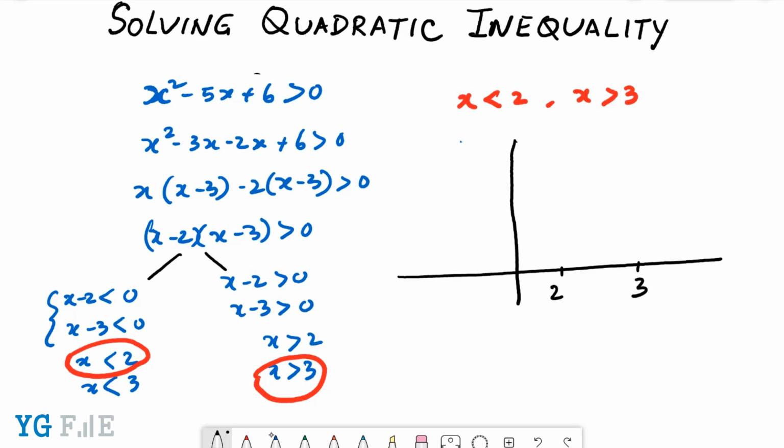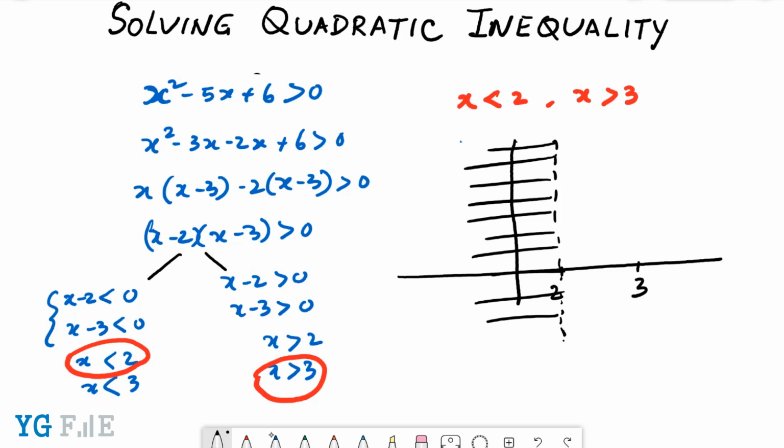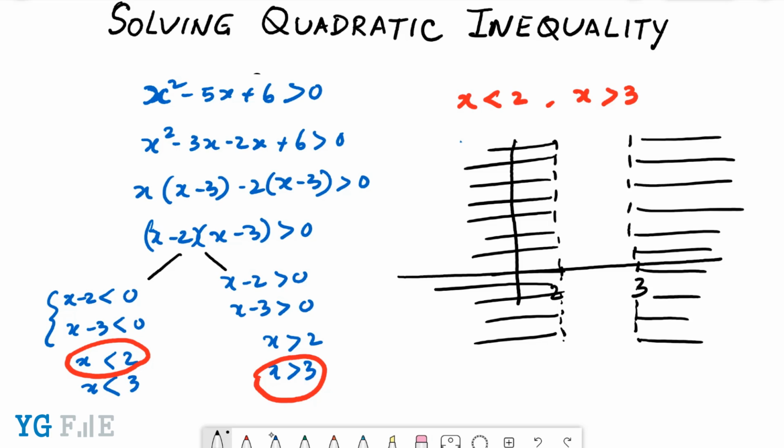This line represents x equal to 2, so anything to the left of 2 will be the solutions for x less than 2. Similarly, for x greater than 3, let us draw the dotted line x equal to 3, and all the solutions to the right of 3 are the solutions. So the solution for this inequality is all the values in this shaded region shown here.